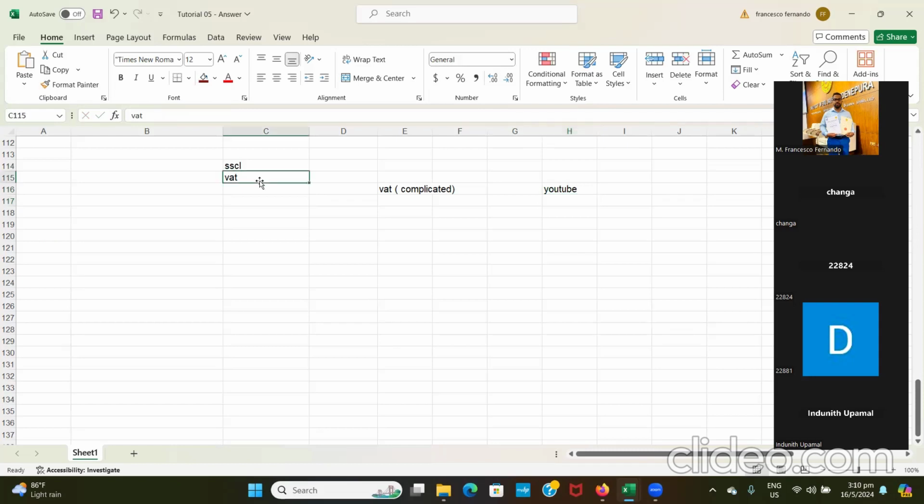Now, the VAT slide I think is very lengthy. Even myself, if I read it, it is difficult to understand. Not only the VAT slide, other slides are also a little lengthy. So as Changa said, it's better if you appoint someone and ask them to make some short notes.